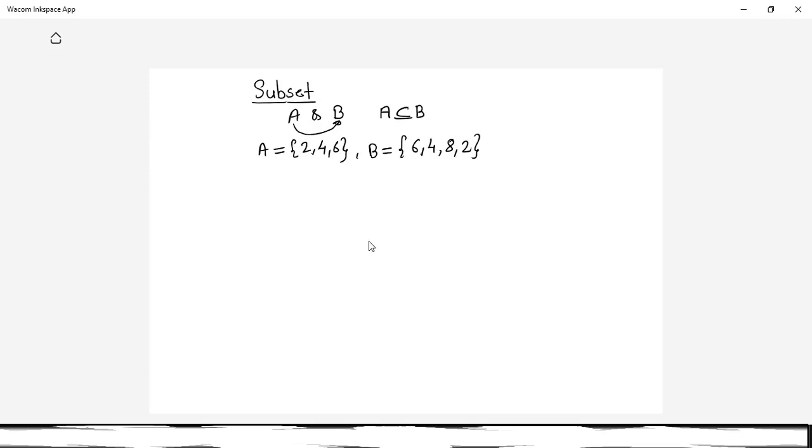So every element of set A, 2, 4 and 6, is an element of set B, and hence I can say A is a subset of B. Even if my set B were {2, 4, 6}, still I can say A is a subset of B, because every set is a subset of itself.